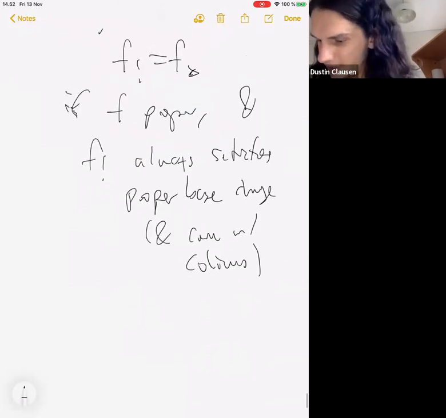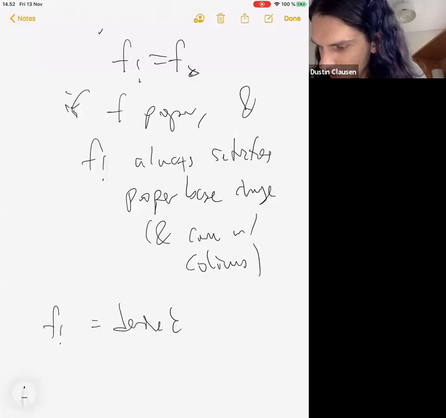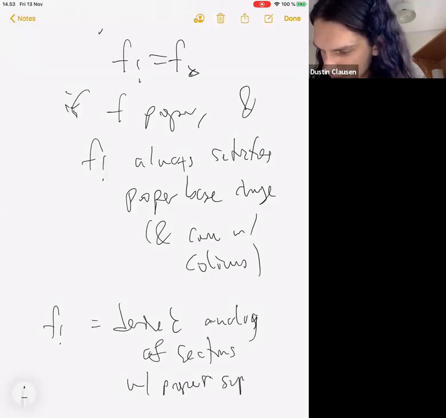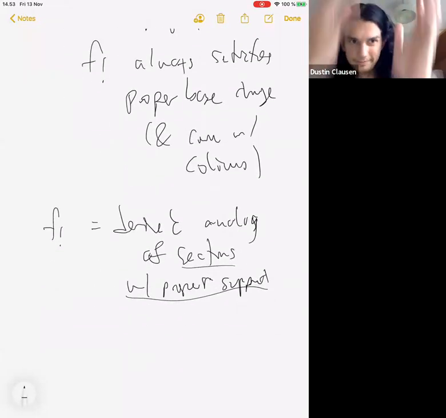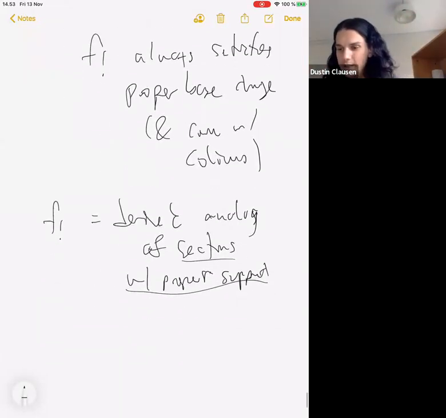So, well, the definition is this. It's the derived analog of sections with proper support. So sections supported on a proper subset over the base.